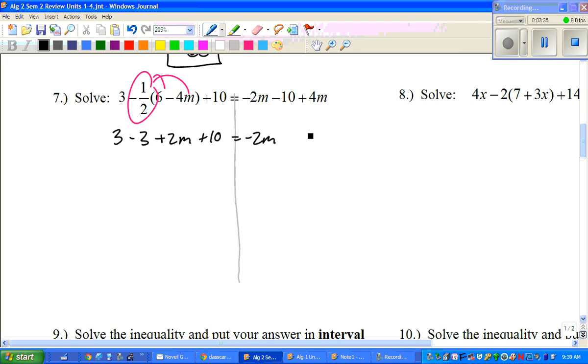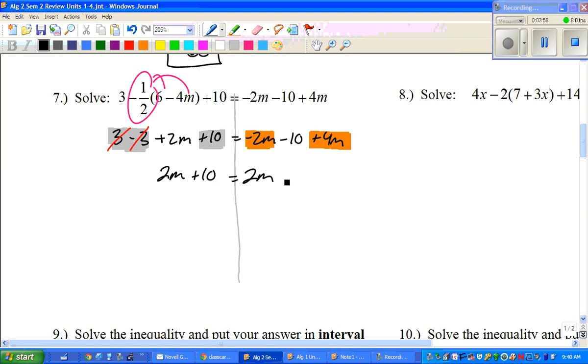And on the right side, I'm just going to bring everything down. Okay, we need to combine like terms on the left and on the right. Okay, so on the left side, we get 2m. 3 minus 3 cancels out, so then we're just left with 10.